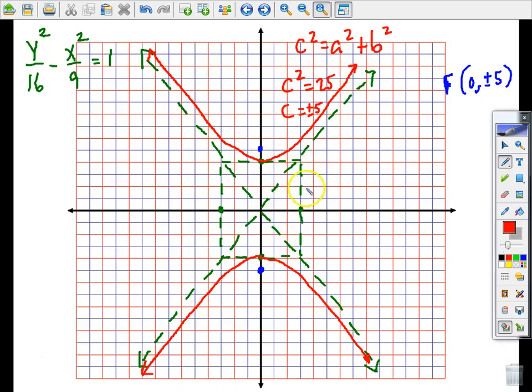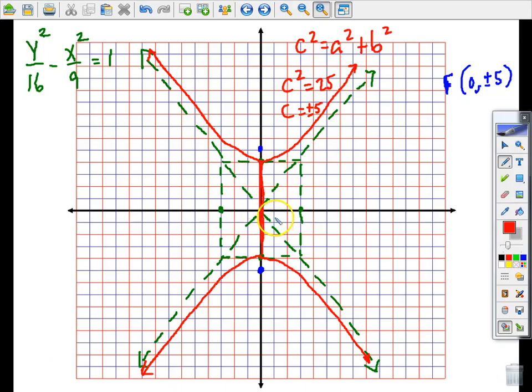Is my transverse axis horizontal or vertical? It's not something you're going to have to answer. I just want to make sure you understand it. How long is it total? See, it's from 0, -4 to 0, 4, so it's 8 units. What is the variable that I associate to measure the distance from the center to a vertex?